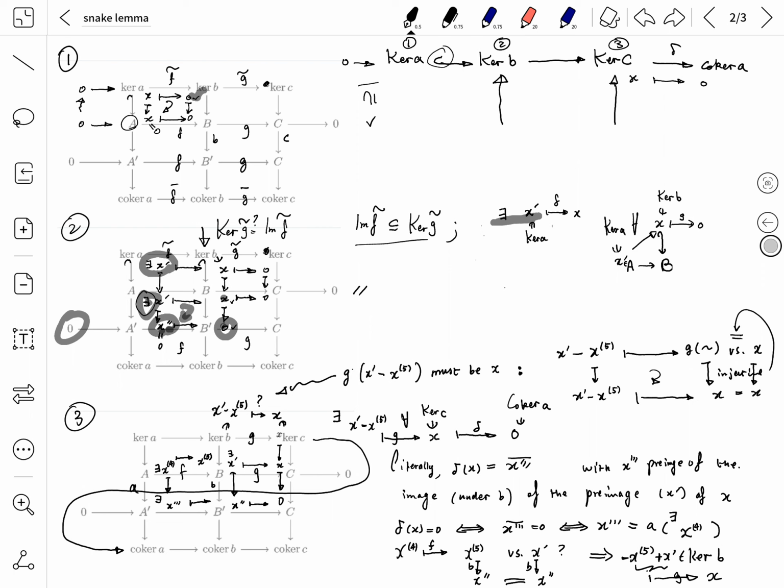So let's check, continue to the third position here. This seems a little more complicated. You have to understand what your map delta is, and you have to check the kernel of delta is again the image of, so here is G tilde, right? So you have to check the kernel.